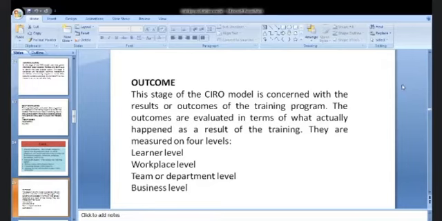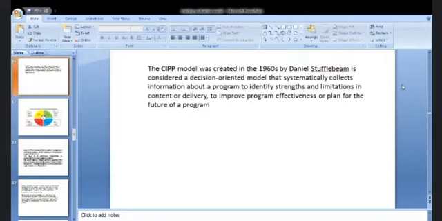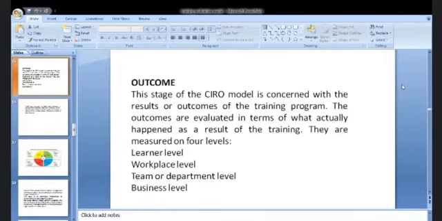So you are evaluating the outcomes or results, the benefits we have received from the training program, from the four levels: learner level, workplace level, team level, and business level, students.